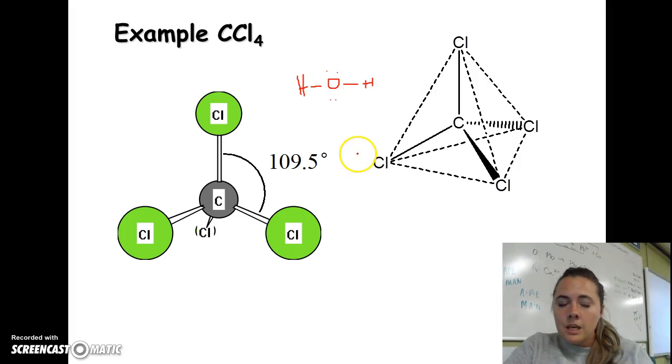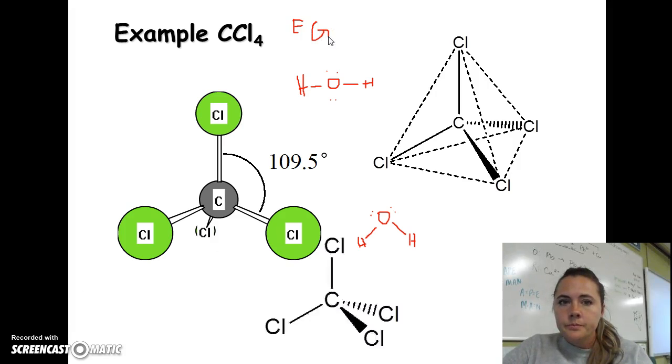What you end up getting is a bent shape for oxygen and 2 sets of lone pairs. This has 4 domains. Here's a domain, here's a domain, here's a domain, and here's a domain. So for water, its electron geometry, again, is tetrahedral. We're going to talk about molecular geometry a little bit later.